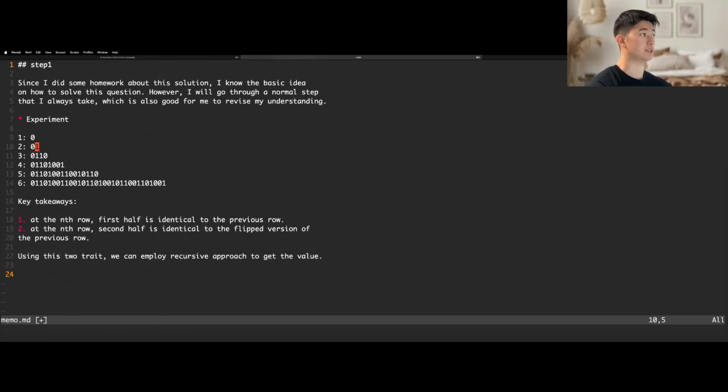So 0, 1 is generated, and 0, 1 is then passed into the function itself, and 0 is interpreted to 0, 1 in the next loop, and 1 will be 1, 0 in the next row, and put them together, and then pass that combined value into the function itself again, and it goes again and again until it reaches the row value that we want to stop at, and then generate accordingly, and refer to the index that's designated by k.